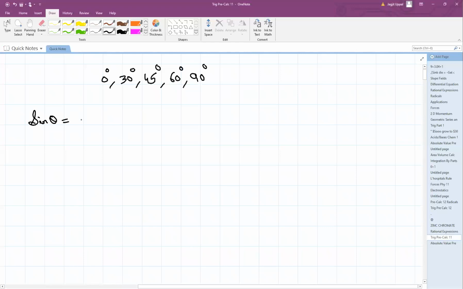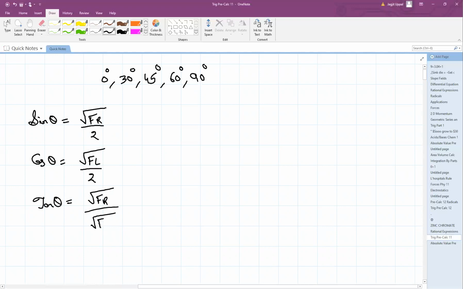We use our finger formula. Sine theta is square root of fingers on the right over 2. Cos theta is square root of fingers on the left over 2. And tan theta is square root of fingers on the right over square root of fingers on the left.